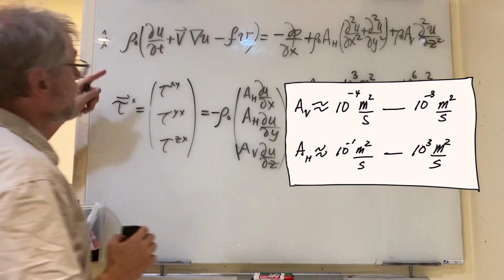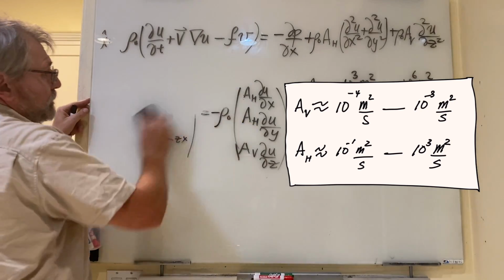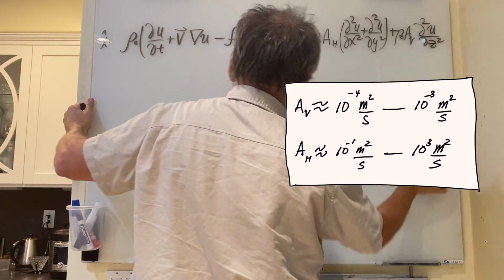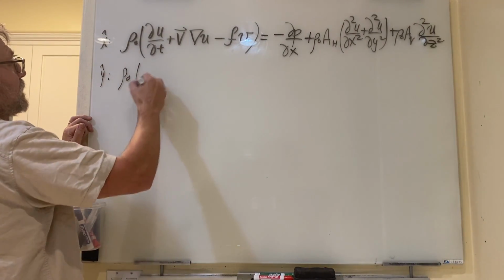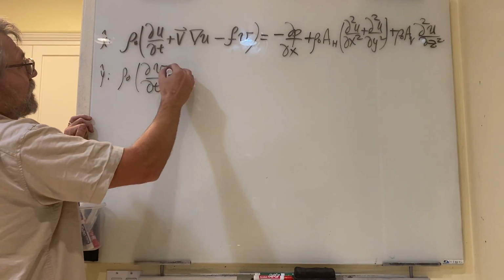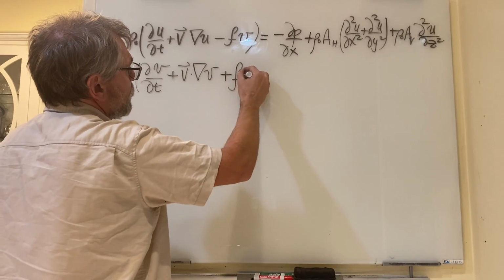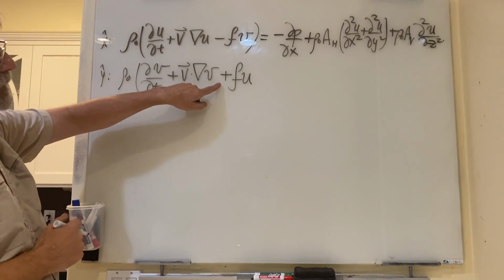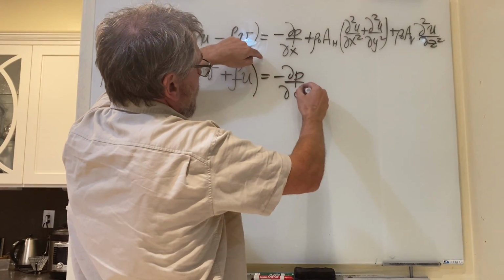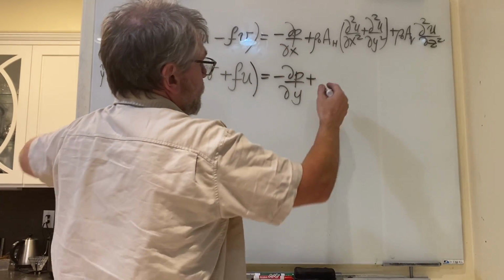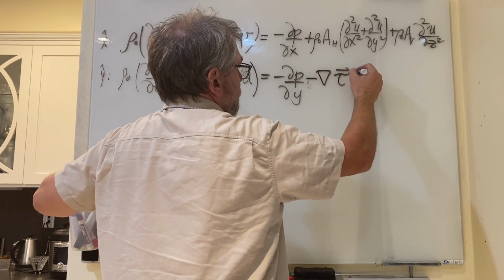I'm now going to write the same equation, but for the y component of momentum. So that is going to be y hat rho naught, now using v, plus v dot grad v plus fu, right? Notice how the signs flip here for the Coriolis force, equal to minus dp dy plus, and here I'm going to write again minus the divergence of the stress, but now the y component.